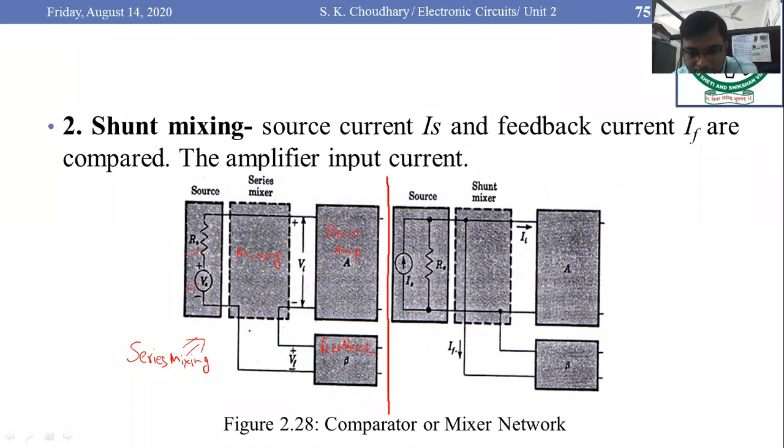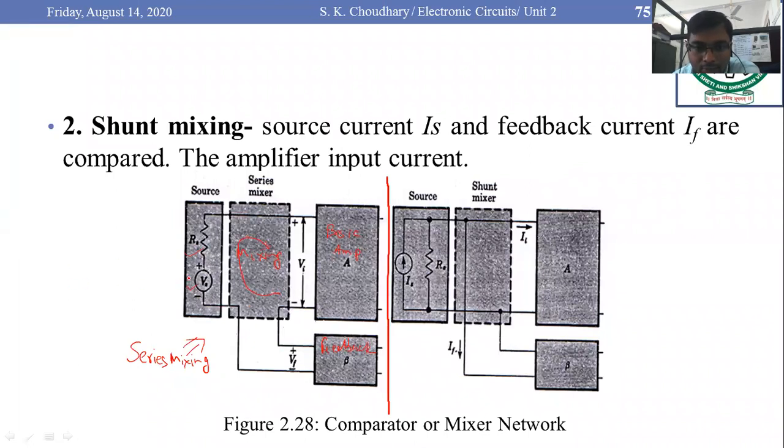The output port of this feedback network is connected to one port of the input source Vs, and the other port is connected to the resistor, and one port is connected to the amplifier. In this way, this creates a loop, and in the loop it is a series mixing.